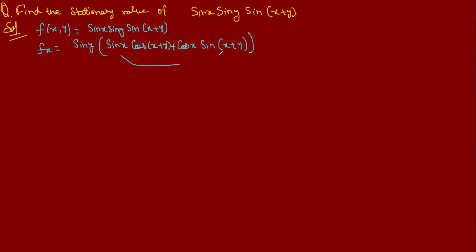You got one thing. What? This is the formula of sin a cos b plus cos a sin b. Very good. So in short, you can write sin(2x plus y), right?